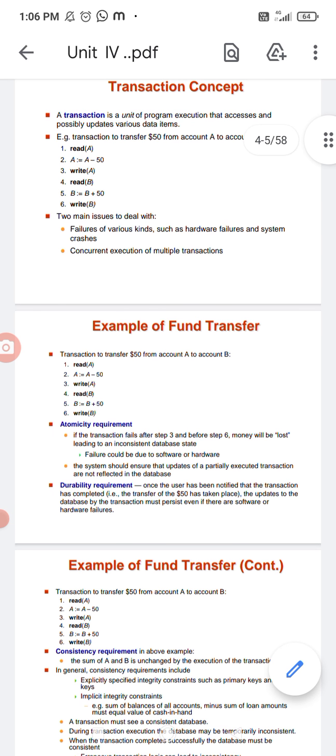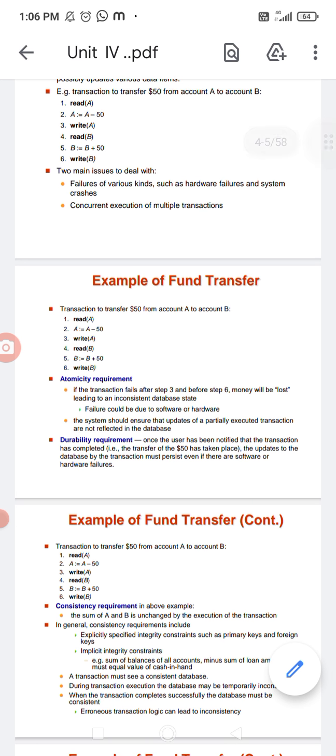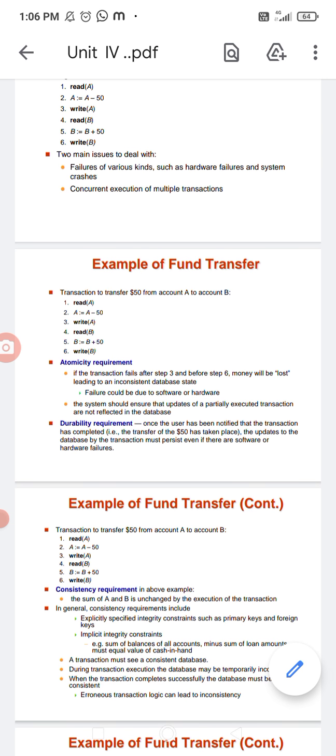Next is the atomicity requirement. As I explained, all steps of the transaction should be proper. If the transaction fails after step 3 and before step 6, money will be lost, leading to an inconsistent database state. Failure could be due to software or hardware. Look at the program.